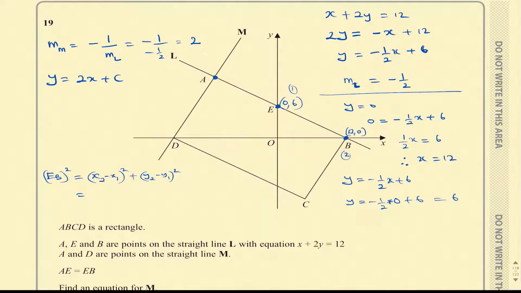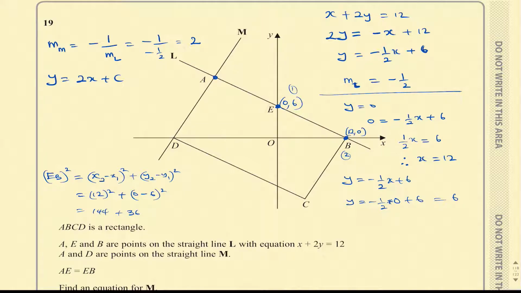So I'm going to write 12 minus 0, so that would be 12 squared, plus 0 minus 6 squared. So that would be 144 plus 36.